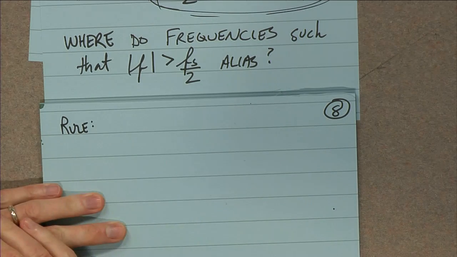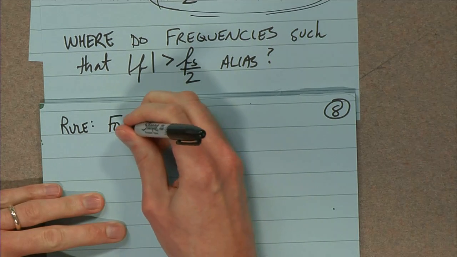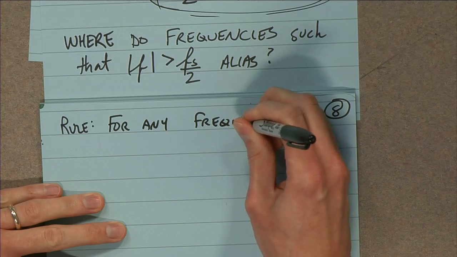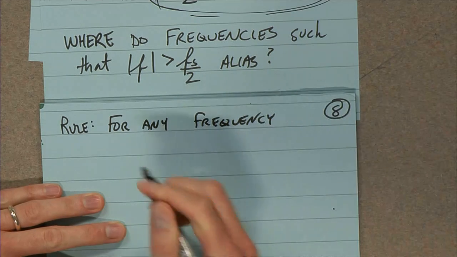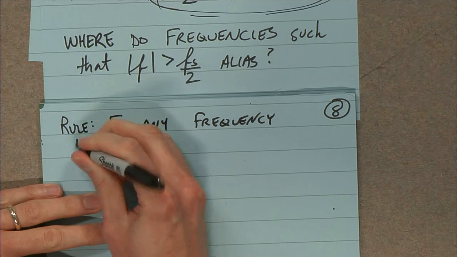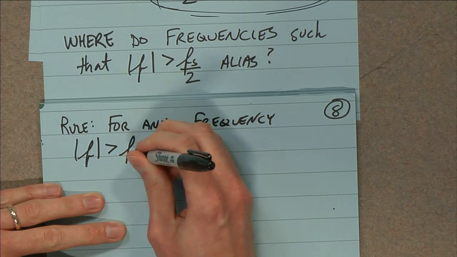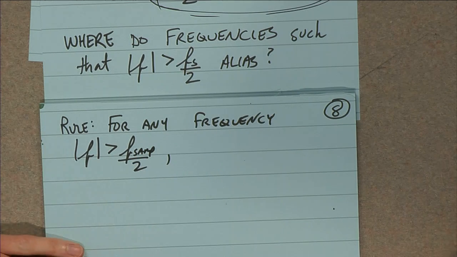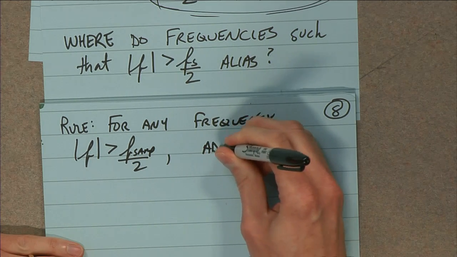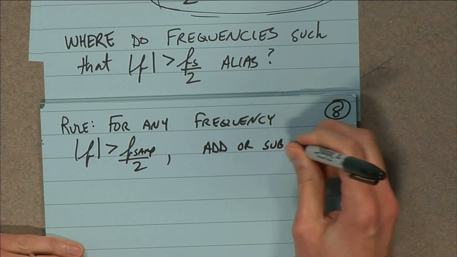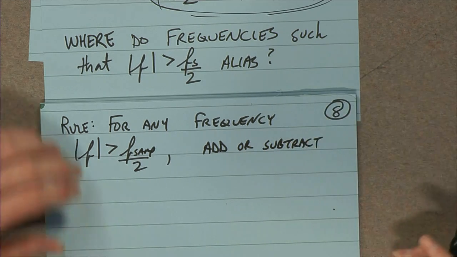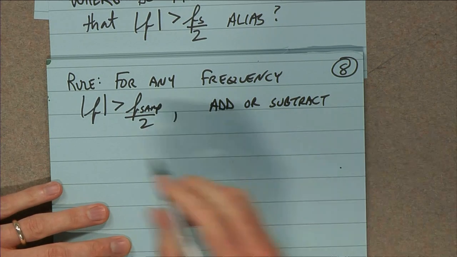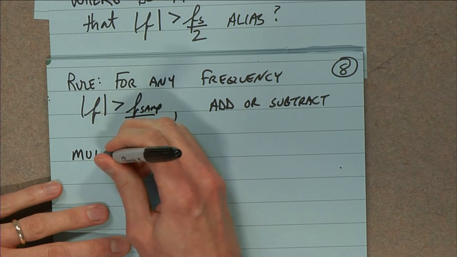If we have any frequency f, such that f is greater than f samp over 2, what are we going to do? We're just going to add or subtract. We're simply going to add or subtract multiples of f samp. And I think we can write that out, multiples.